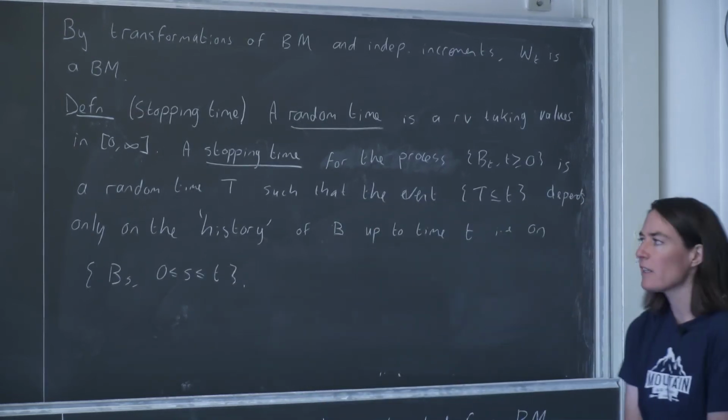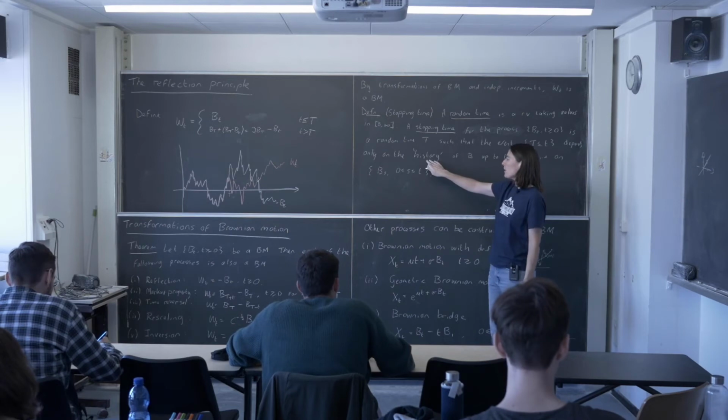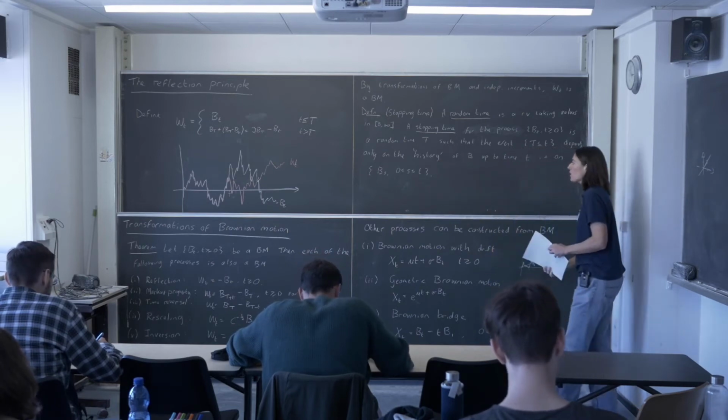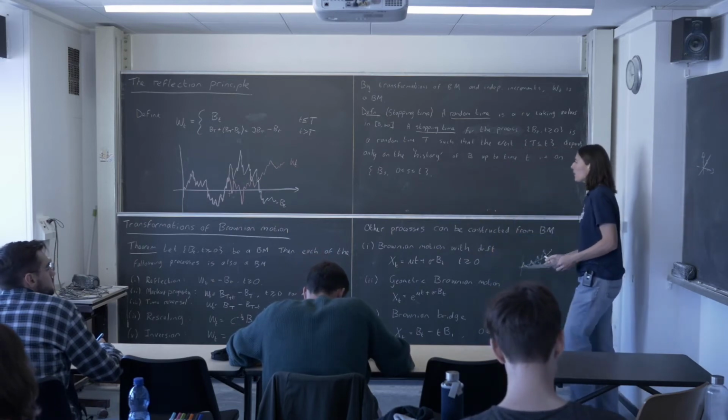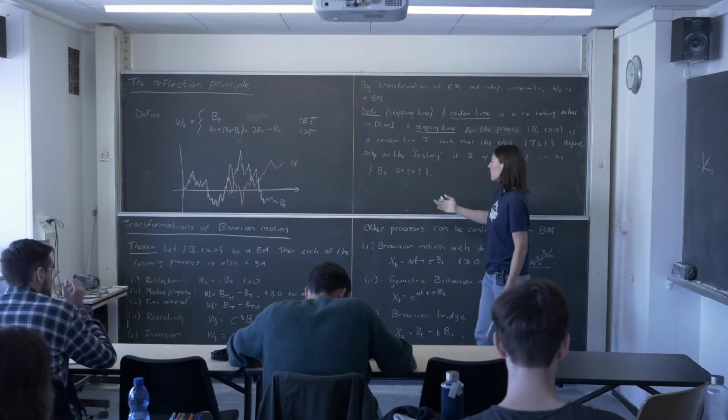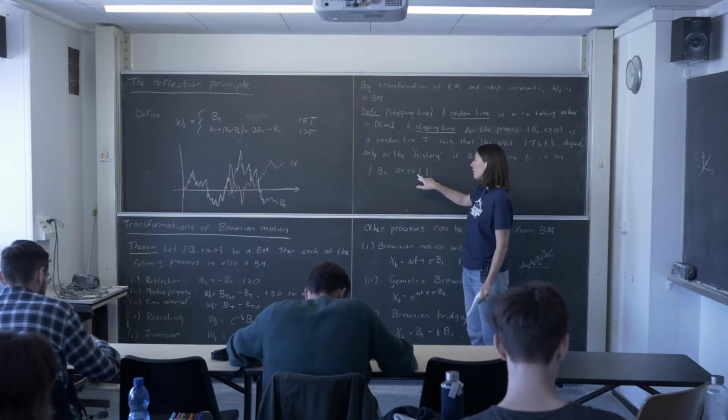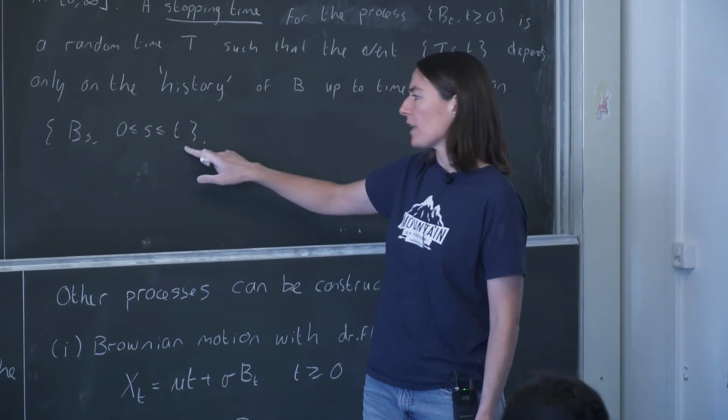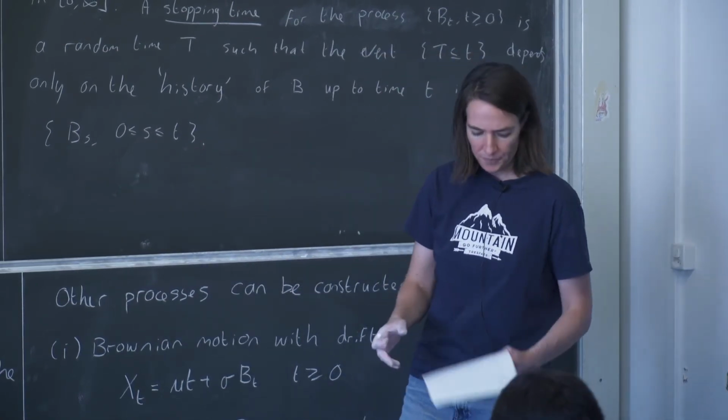Okay, so this one I'm being a little bit imprecise because I haven't really defined what I mean by history. In the next lecture I'll explain what I mean by that. But intuitively, something is a stopping time if you can just tell whether it's happened or not by time t by looking at the process up to time t.